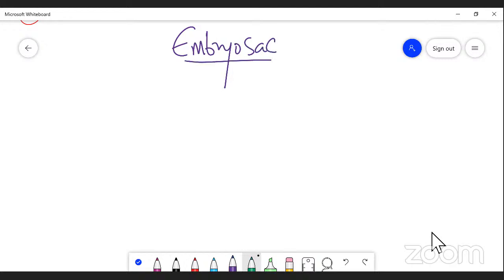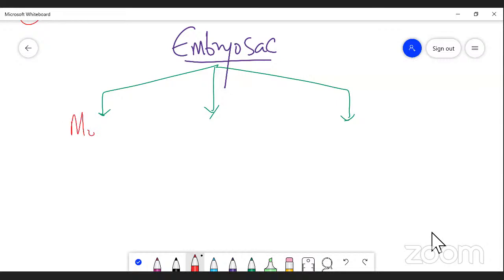The first category is monosporic, the second is bisporic, and the third one is tetrasporic.